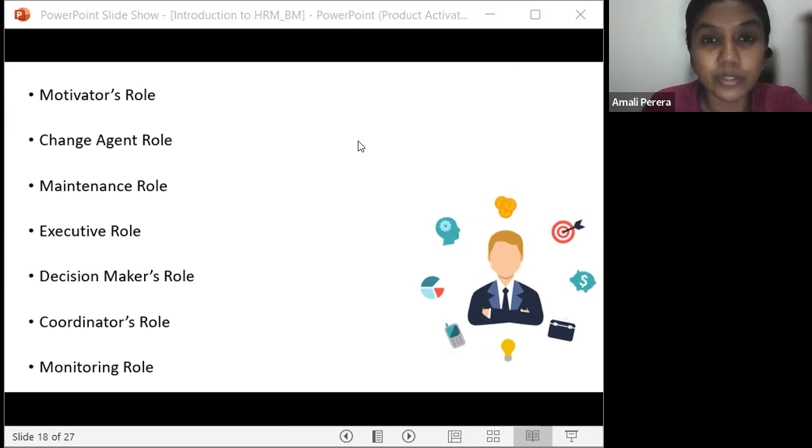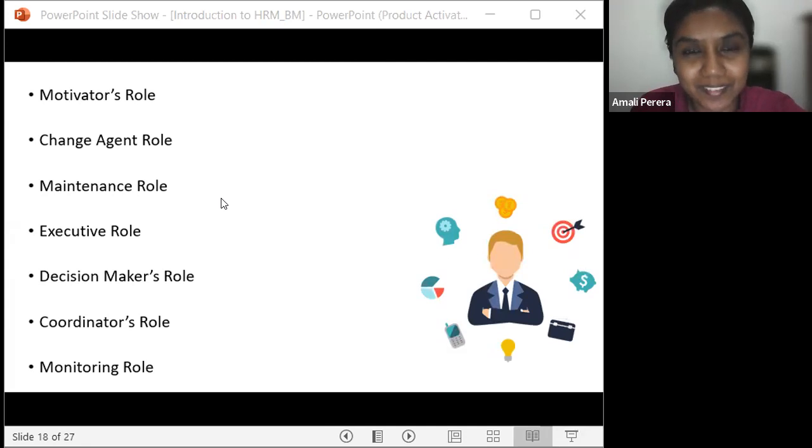So today we are going to talk about the maintenance role. Here the maintenance means not the building maintenance and all, right? Here the maintenance is whatever policies or procedures implemented by the organization or the HR department have to be maintained properly. Right?